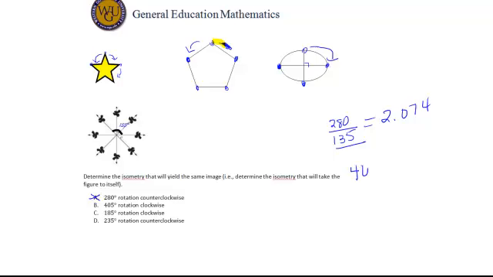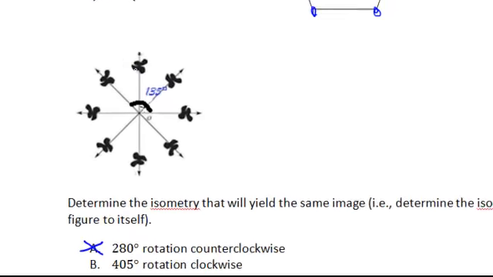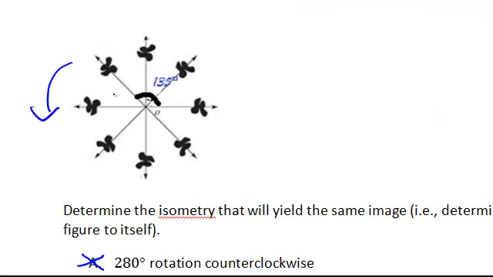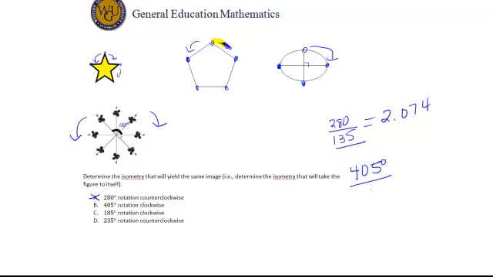Then we take the 405-degree rotation. Notice this one was counterclockwise, so that would mean that it would go this way. That doesn't affect it in this case at all, so we don't even have to be concerned with that. The only thing we have to look for is if 135 is a factor of 405, if it divides it without leaving us with a decimal.